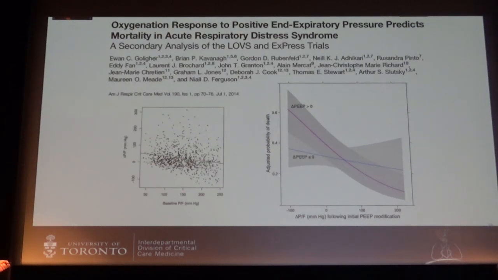And in those patients, when you looked at the change in oxygenation, looking at the first blood gas done after inclusion in the study, if your PEEP was raised and your PF ratio got better, your chances of dying were significantly lower. Conversely, if you put the PEEP up and the oxygenation got worse, those patients had a higher risk of death. No significant association when the PEEP was the same or lower, as you would expect.